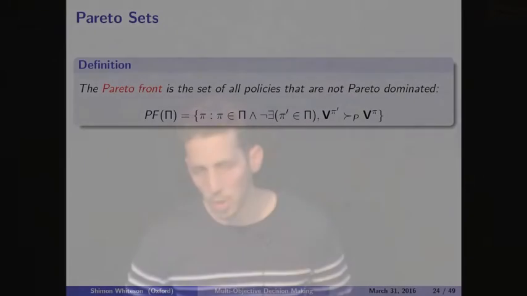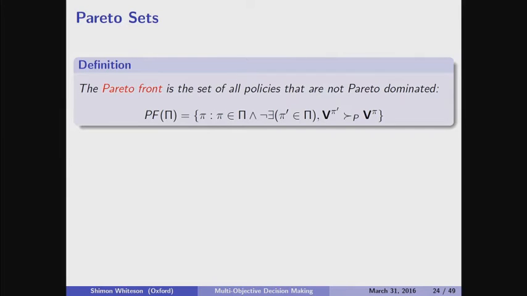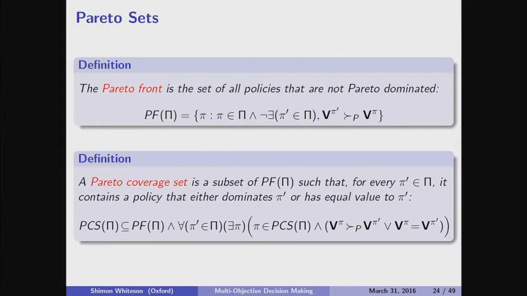The analog to the undominated set, in the case where we have these monotonically increasing scalarization functions that are not necessarily linear, is the Pareto front. The Pareto front is just the set of all policies that are not Pareto dominated. Again, this might be slightly overkill, so we can define the Pareto coverage set. It's a subset of the Pareto front, such that for every policy pi prime, it contains a policy that either dominates pi prime or has equal value to it.